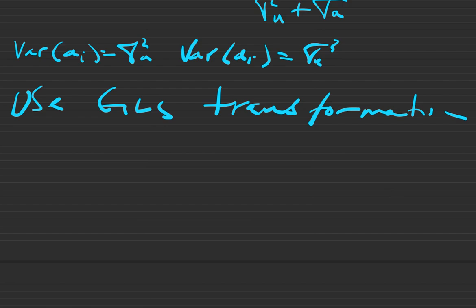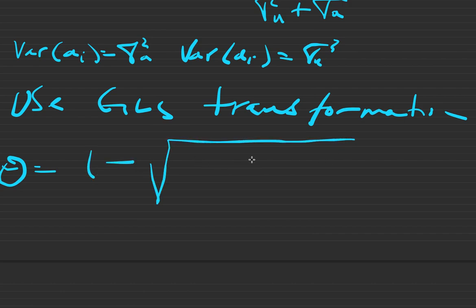All right, so let's define theta as equal to 1 minus the square root of sigma squared u over sigma squared u plus T times sigma squared a. And this theta is a weight that must be between 0 and 1.